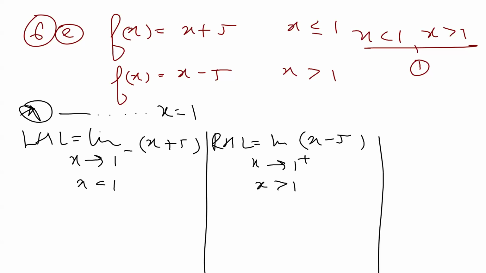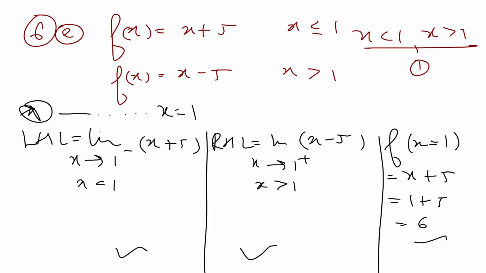Solve using h method. And the third thing, f of 1 is equal to x plus 5, 1 plus 5, which is equal to 6. So all three values should be same. Then only it will be continuous at x equal to 1. If it is same, continuous. If not same, discontinuous.